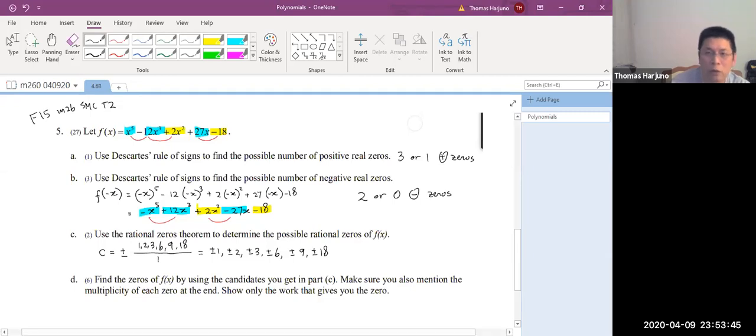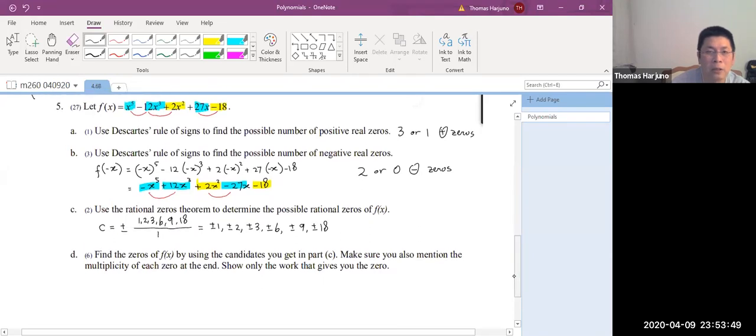However much you like those numbers, you don't. Okay, now let's see. The polynomial f(x) is, let me write it down here: x to the 5th minus 12x cubed plus 2x squared plus 27x minus 18.